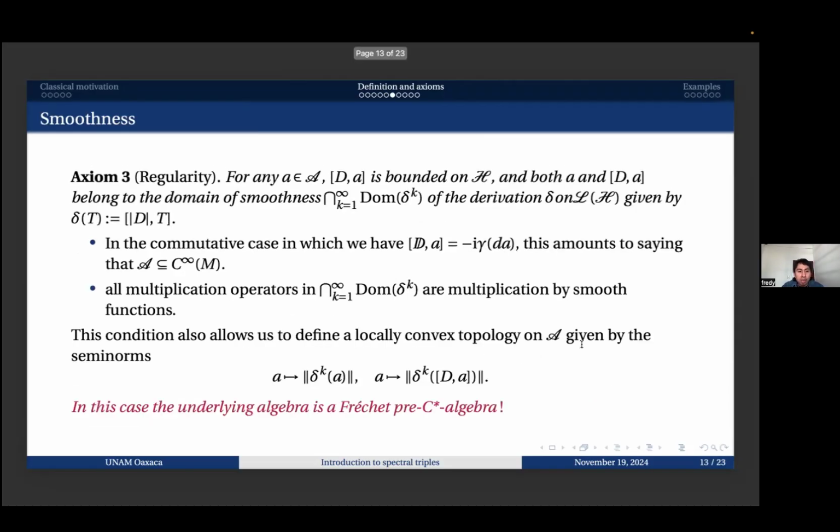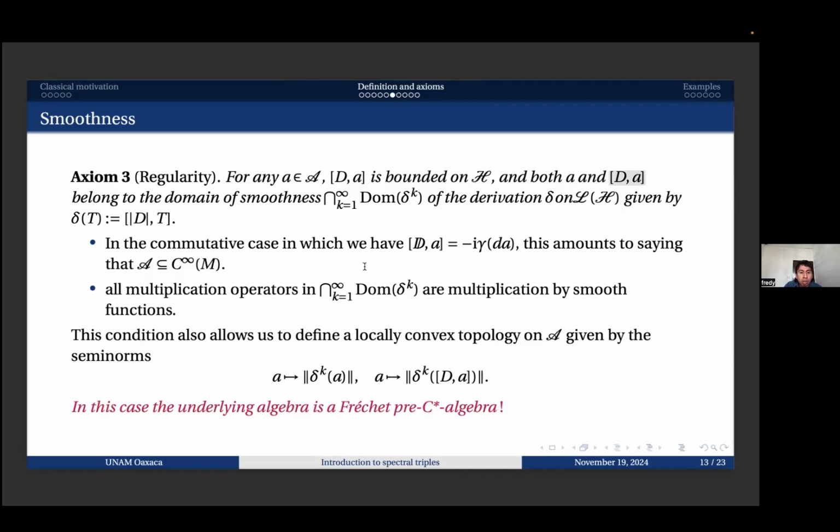The axiom 3, the regularity, says that for every element in our algebra, these elements and the commutator with the Dirac operator belong to the domain of smoothness of this delta k.